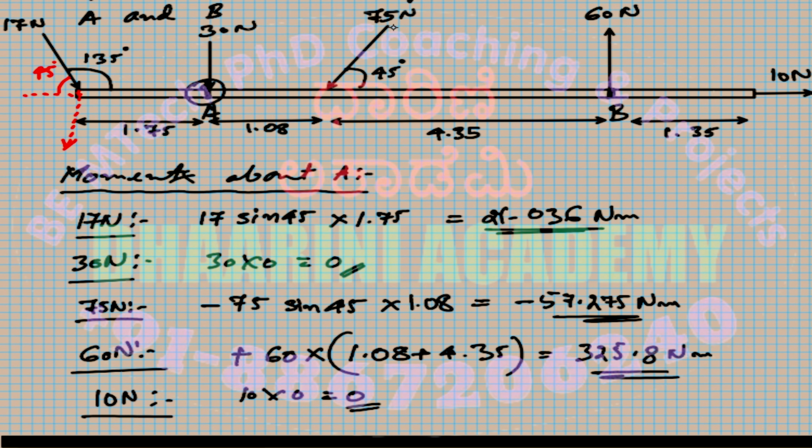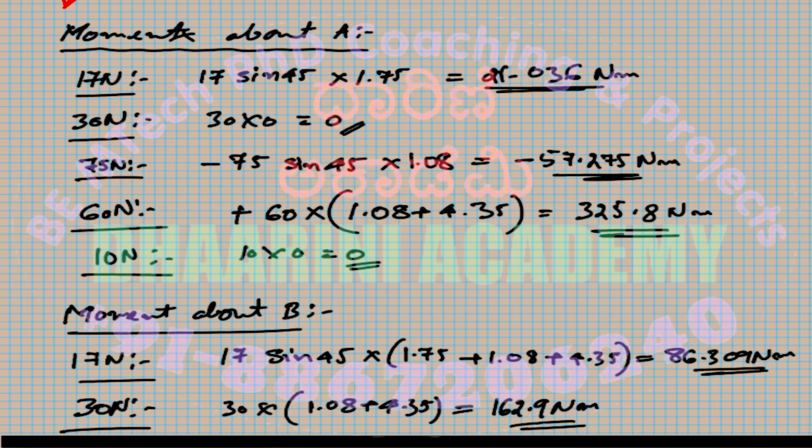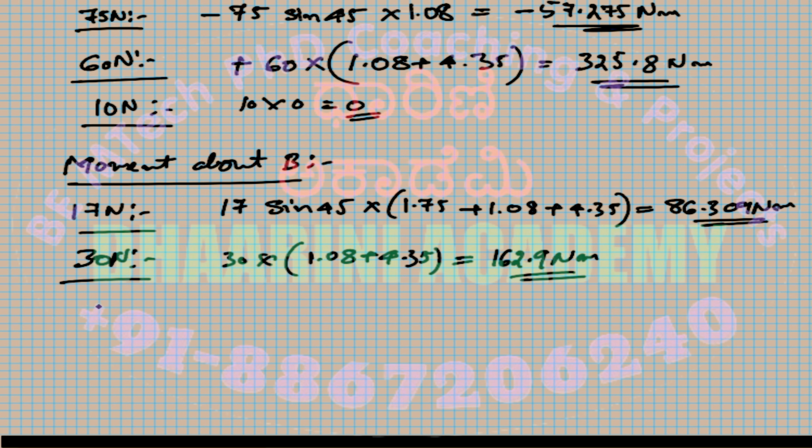That is 75 Newton. 75 Newton is acting downwards, but makes an angle of 45. Anyway, we have a solution. We split this into horizontal and vertical, out of which horizontal passes through B, so only vertical will be considered. So this is the next one, 75 Newton. If I split it into the vertical component, 75 into sine of 45 is the force, into the distance, which is 4.35.